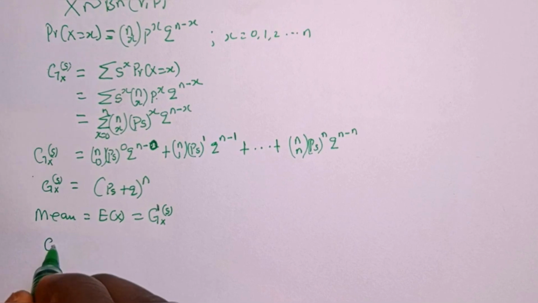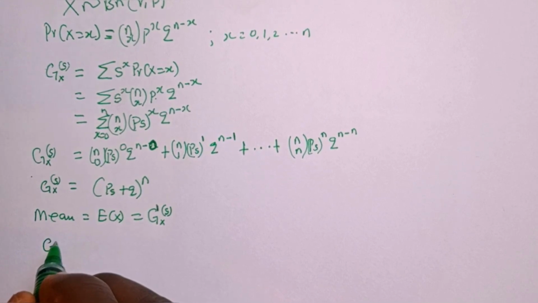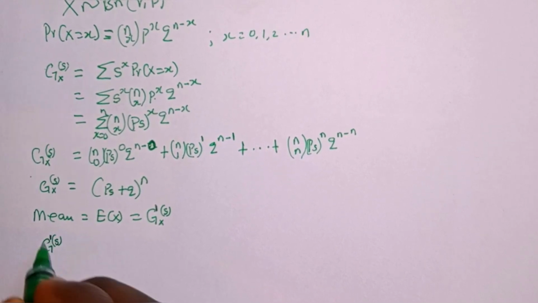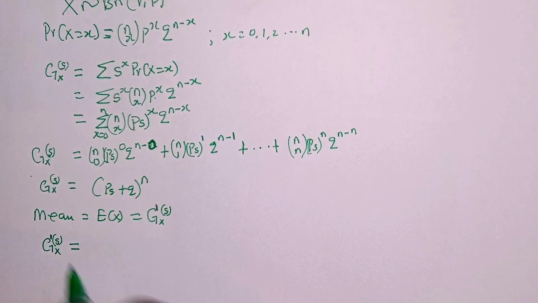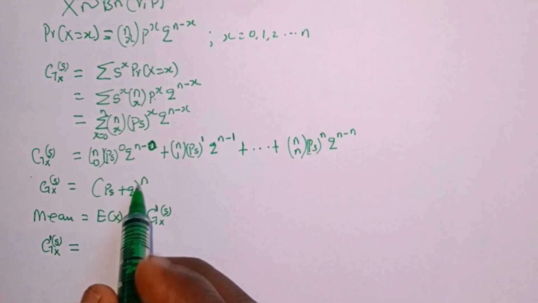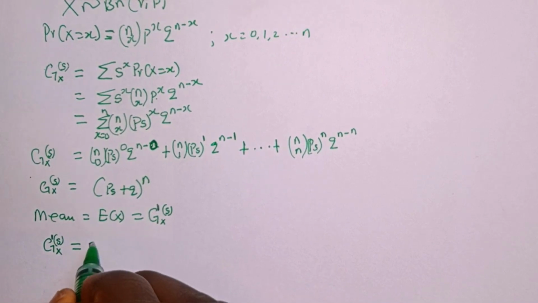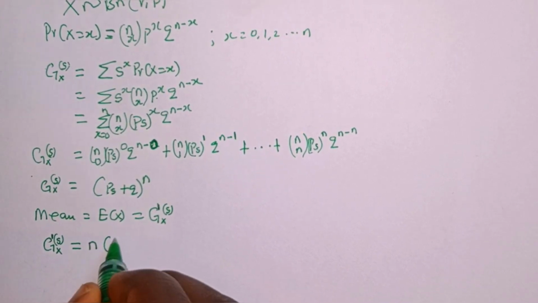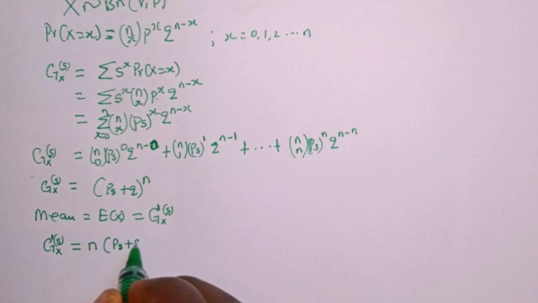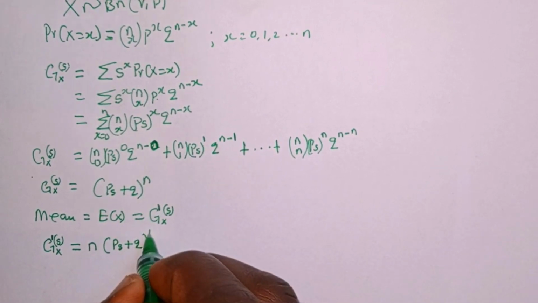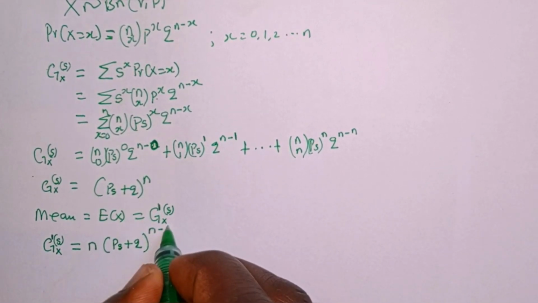So the mean is the same as what? G of s at first derivative sub X. When we differentiate this using the power rule, this n is going to multiply this bracket. We are going to have n into the bracket of ps plus q, raised to the power of n, then we take away 1 from the power.